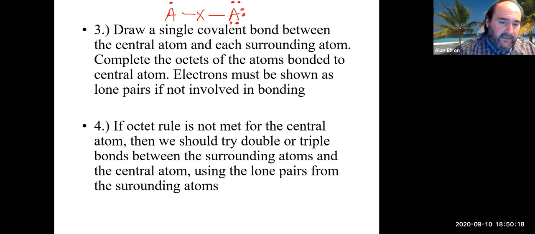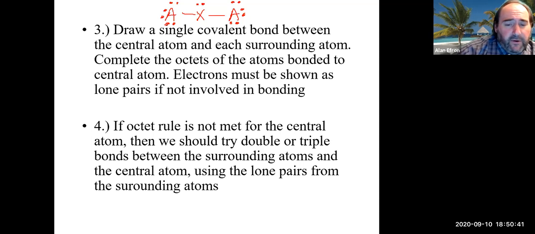Go to the next outside one if I still have electrons and make sure that guy is full. If you happen to have filled up all the outside ones with electrons and you still have some electrons to go, then you go to the center and put electrons on in pairs until you run out of electrons.